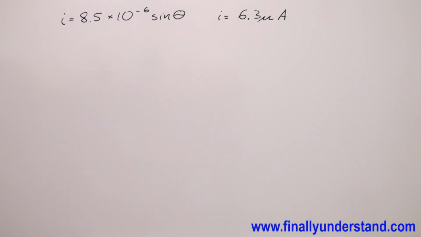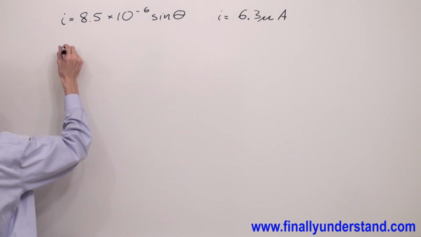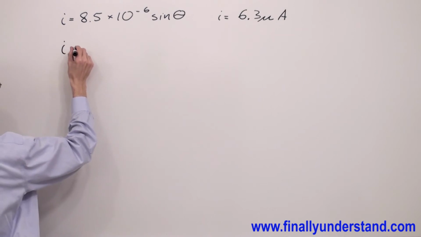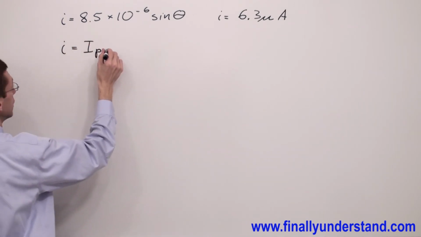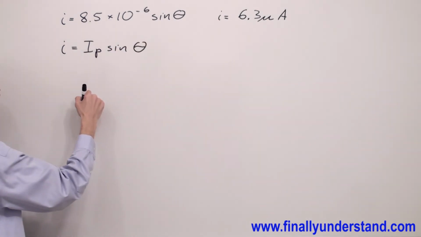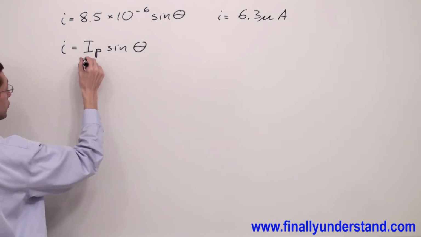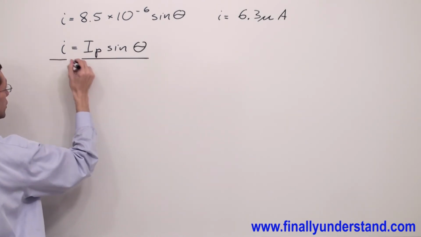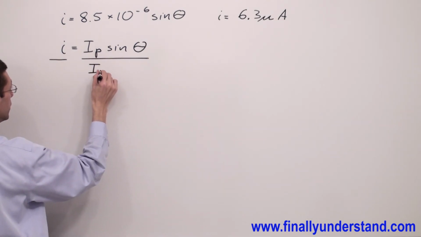This time we're supposed to find the angle for the current. Again, the general formula for the sine wave is I equals I peak sine theta. I have to find angle theta. What I have to do first is divide both sides of the equation by whatever is multiplied to sine, which is I peak.